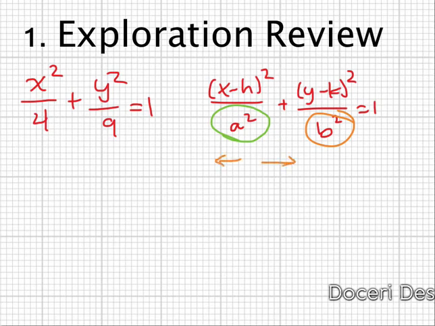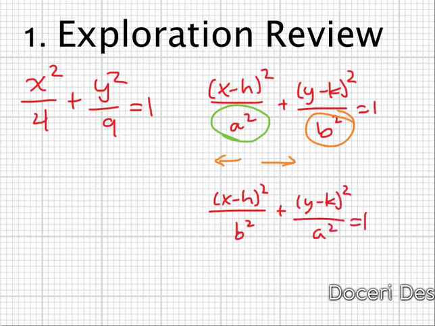If I switch it, so now I have (x minus h) squared over b squared plus (y minus k) squared over a squared equal to 1, then that means my bigger value is a squared instead of b squared. It still stays the same, but this time it goes with y, and so my direction is going to be up and down rather than left to right.